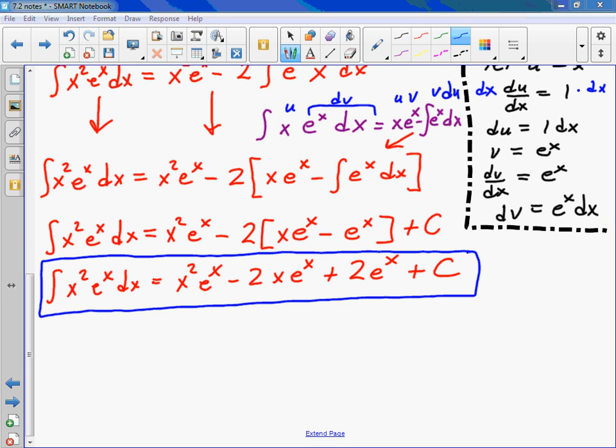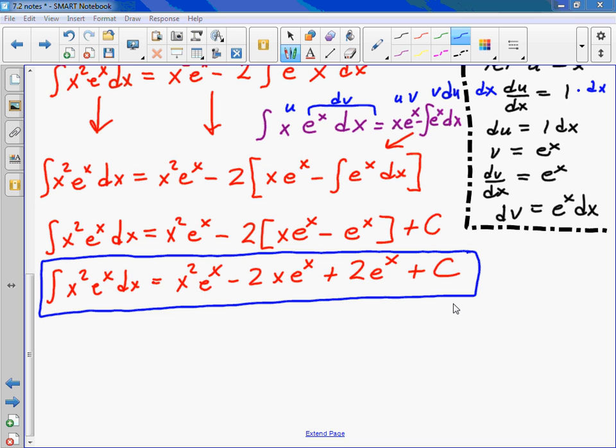But wait, there's more. Let's see, who's the doubter in the room? I'll pick on Alex. Alex Howard is probably saying, hey, Mr. Jennings, I don't believe that's true. There's no way that the antiderivative of x squared e to the x dx equals x squared e to the x minus 2x e to the x plus 2 e to the x plus c.